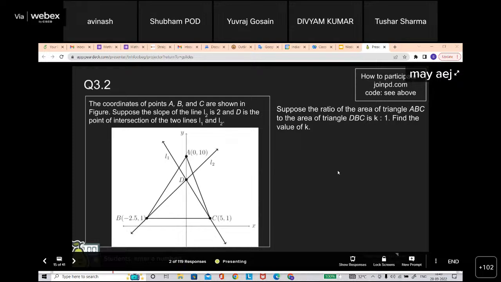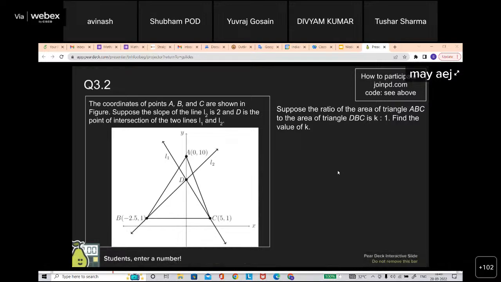There are two methods to find the area. One is using the coordinates, which was already discussed in the video lecture. For that you need the coordinates of each vertex and then substitute in the formula.